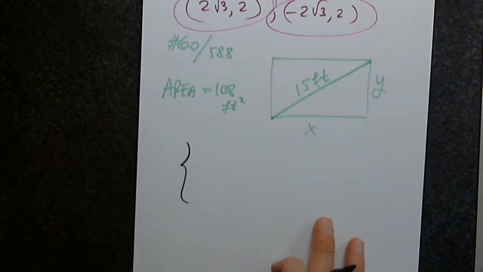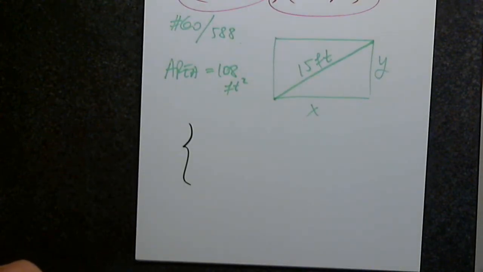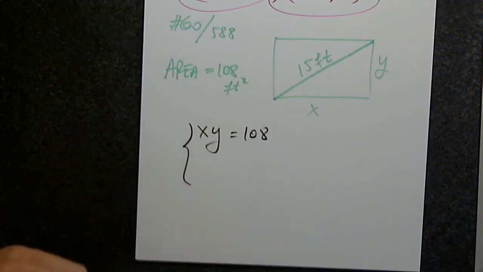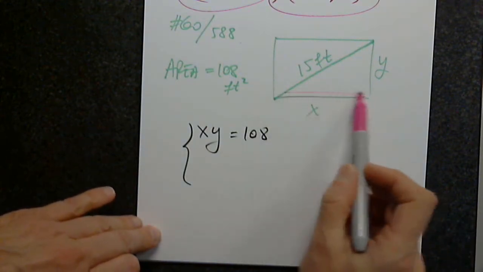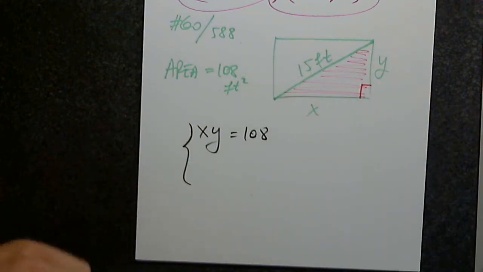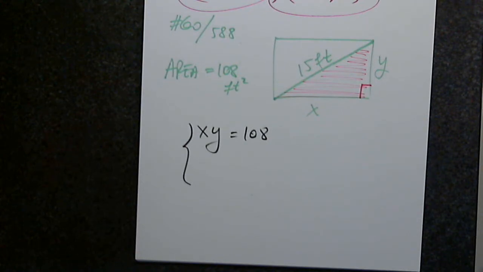What is the obvious equation here? The area. Very good. xy equals 108. Perfect. So now we need one more equation. I'm just going to give a hint. That's a 90 degree angle. Correct? What does that mean? Because this is a right triangle.